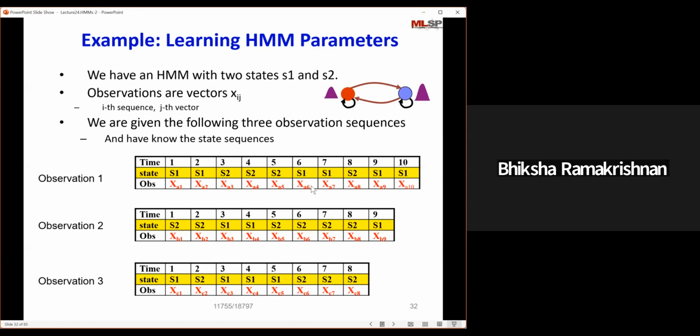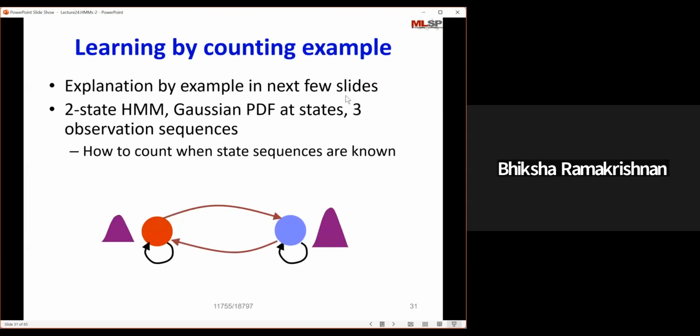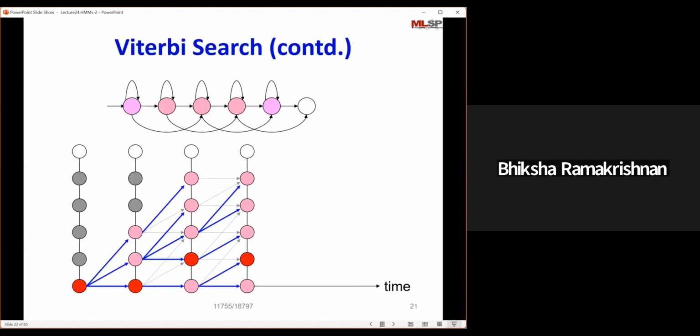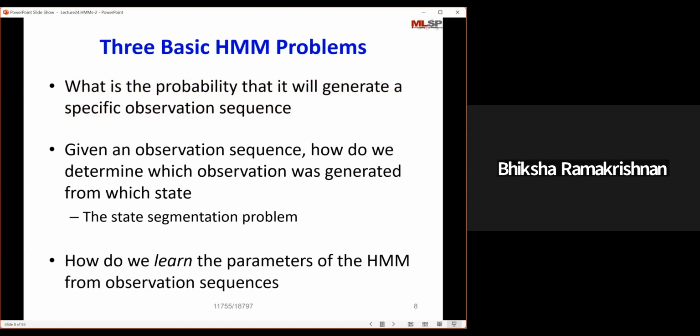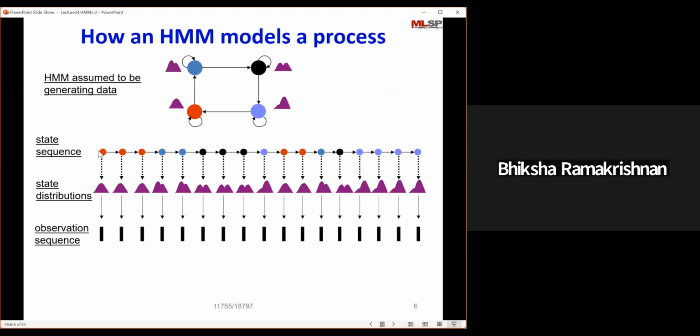Again, remember, when I spoke of an HMM generating an observation sequence, we said the HMM goes through some state sequence and generates an observation from each state. In the actual model, you only get to see the observations.